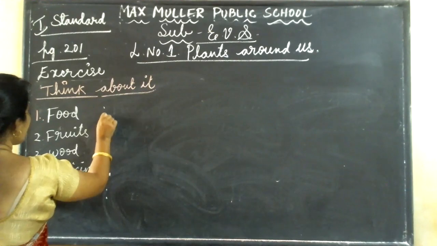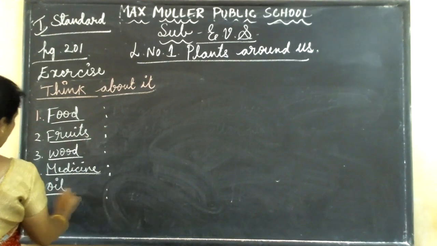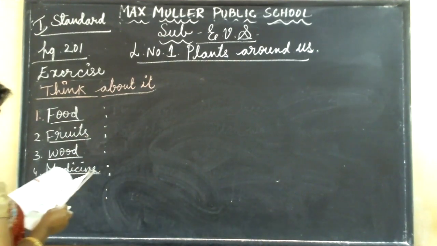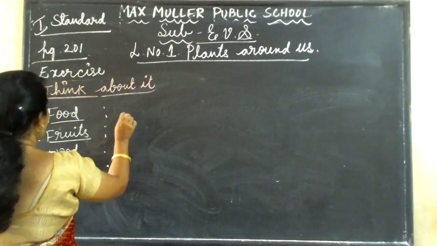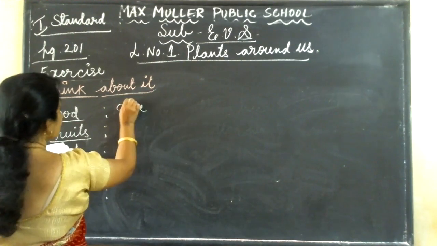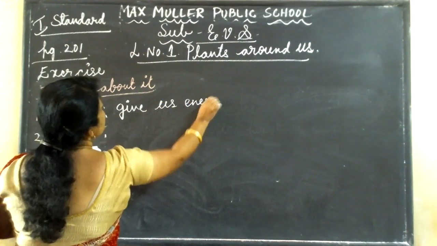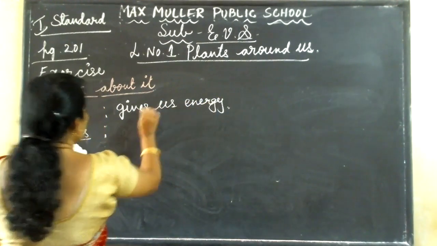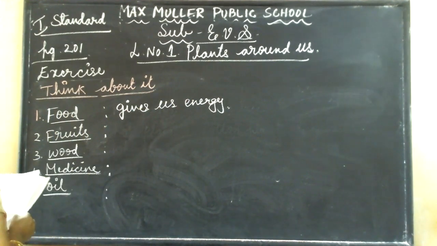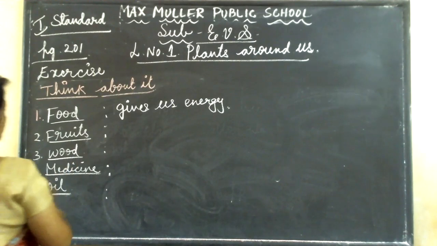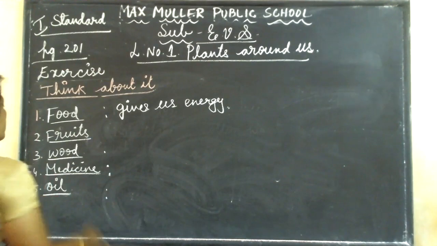So now you have to write the uses. If you take food, what happens? Food gives us energy, isn't it? Gives us energy. Fruits and vegetables keep us healthy. We get fruits and also vegetables, not only fruits.